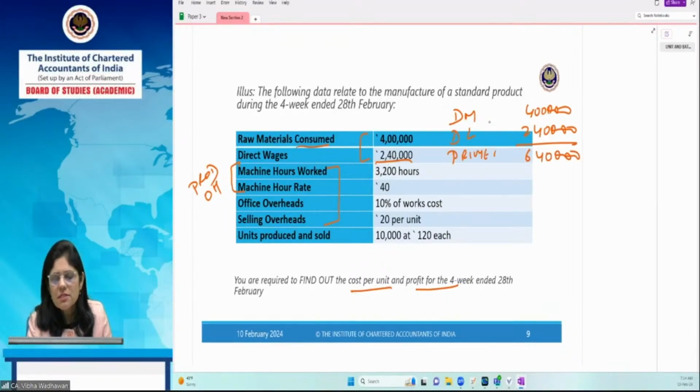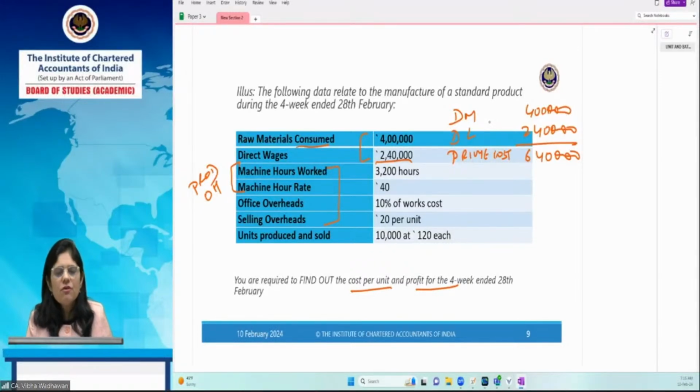Prime cost is the total of the direct costs: direct material, direct labor, direct expenses. To the prime cost, we then add all the overheads. Till prime cost, all the cost is direct. After prime cost, indirect cost starts. Indirect cost means the overheads.